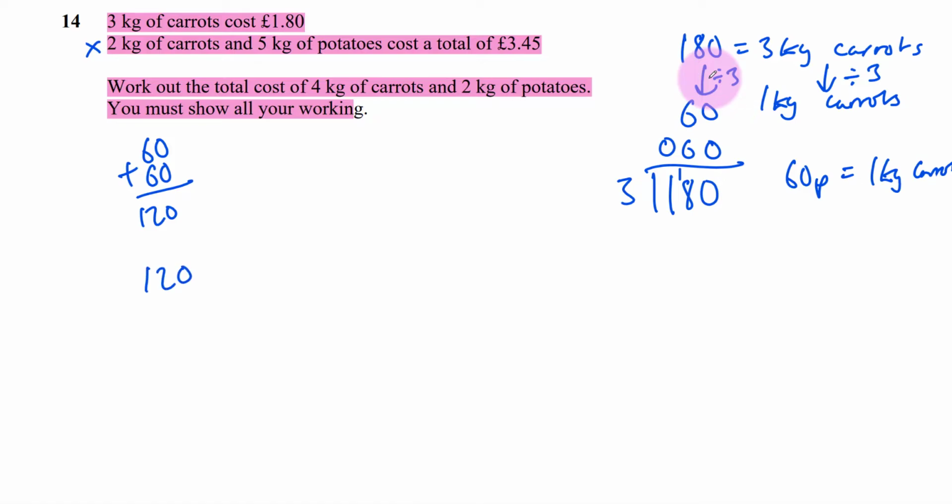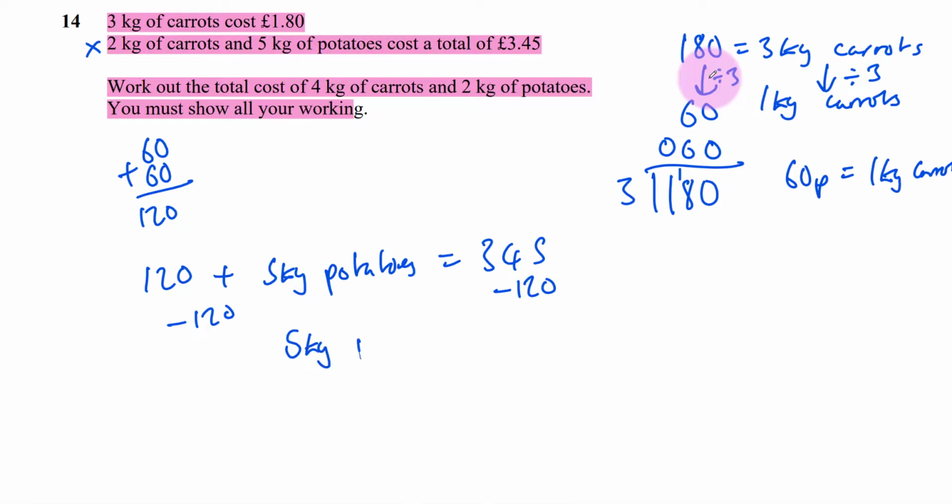So you've got 120, add your 5 kg of potatoes, equals 342, that's £3.42. So to get the potatoes on their own, we obviously subtract 120 on both sides. So 5 kg of potatoes is going to be, do line that up, 342 minus 120 is £2.25. Right, but let's keep it in pence for now, so we don't deal with decimals.